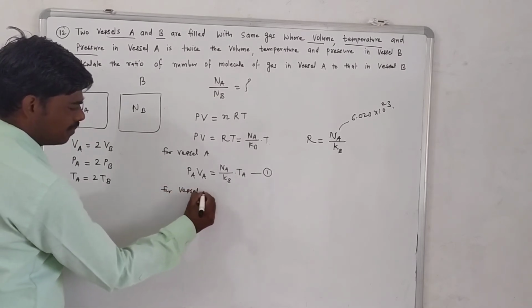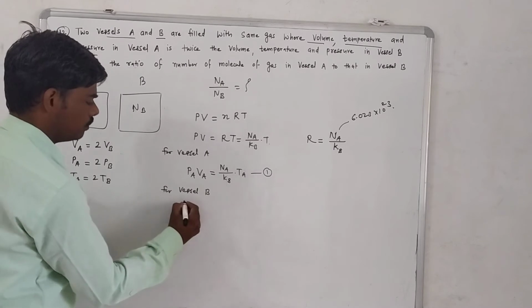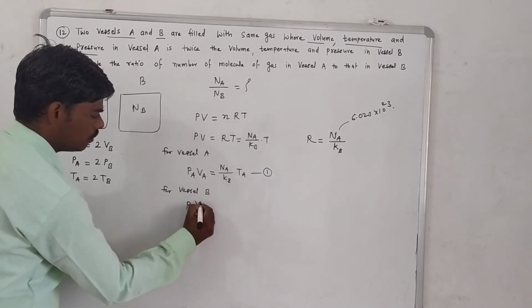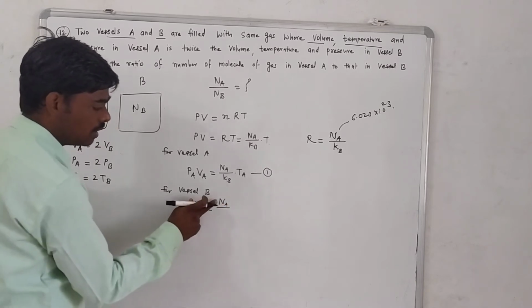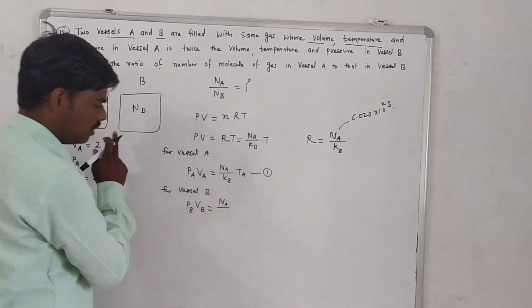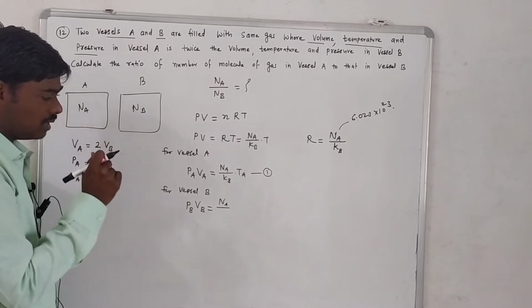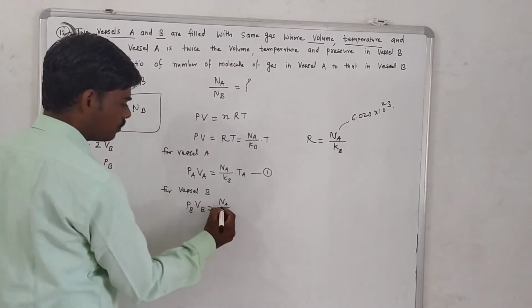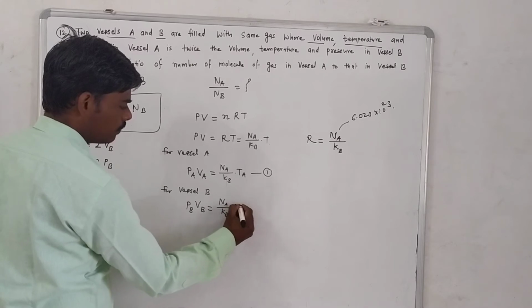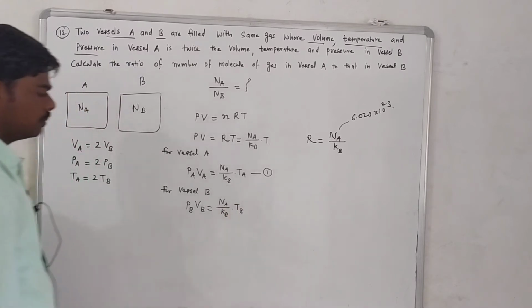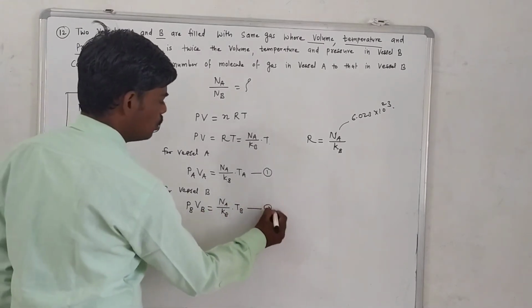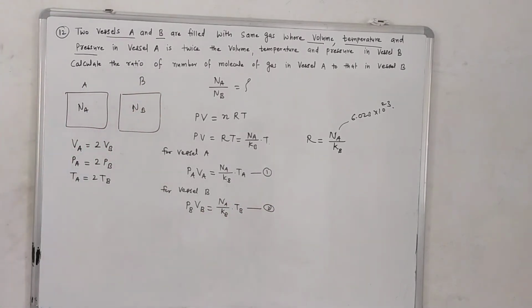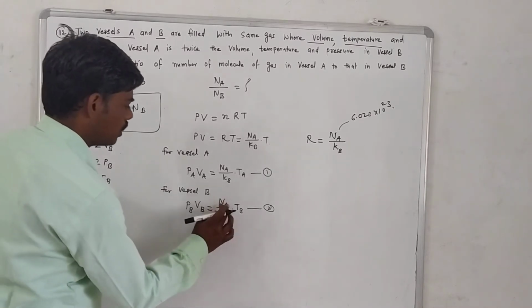For vessel B we get Pb Vb equals, again Na, because Na is not representing the number of molecules, it represents Avogadro's number, then Kb Tb. This is equation 2. Sorry, here Nb.